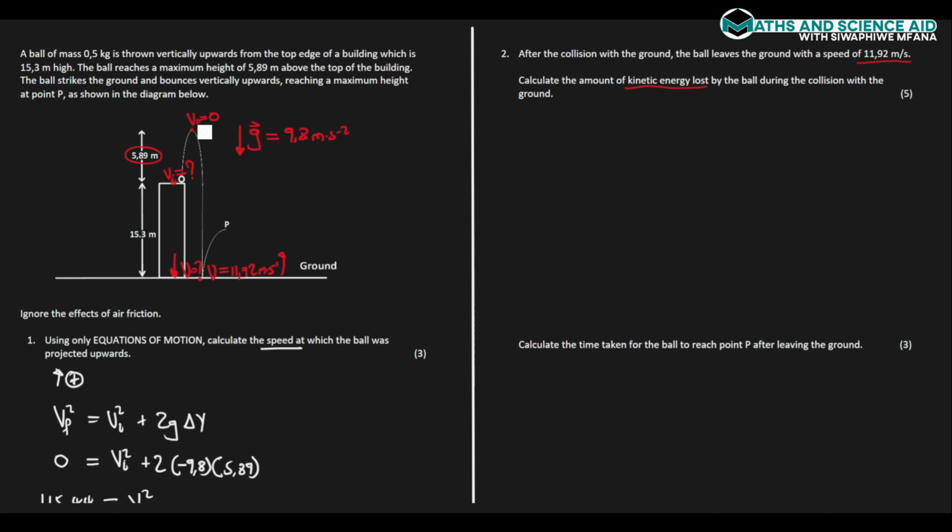We can say that the velocity at the maximum height is the initial velocity, and then the velocity when the ball hits the ground will be our final velocity. Now, what you must note is that we also know the displacement of the ball from the maximum height to the ground, because that is simply equal to the height of the building as well as the maximum height it had reached from the top of the building.